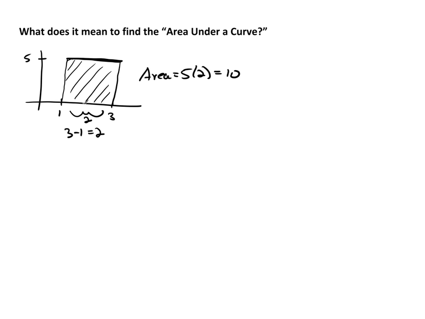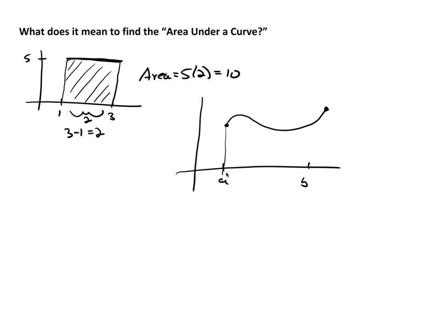But what happens if my function is not constant? What happens if it's some type of generic function? Well, what happens if I have a function from a to b that looks like this? Now, the area under the curve, that should make sense. It'd be kind of obvious, is this. But the question is, how do I find it? How do I find that area? It's not a rectangle.